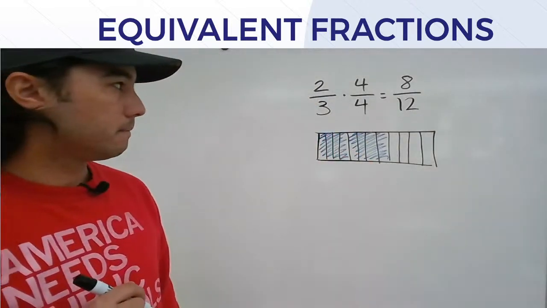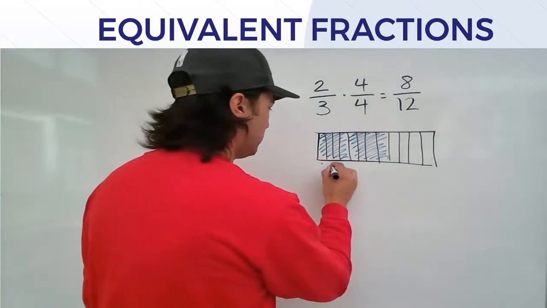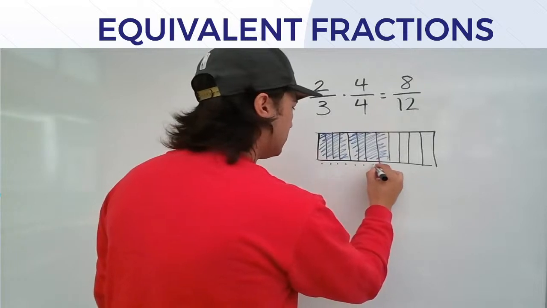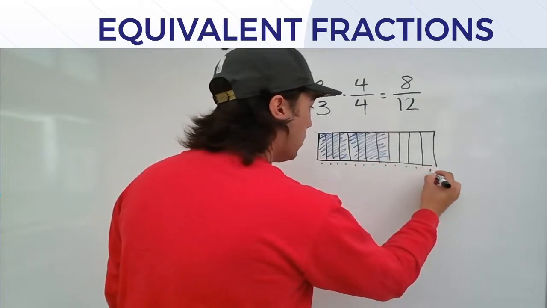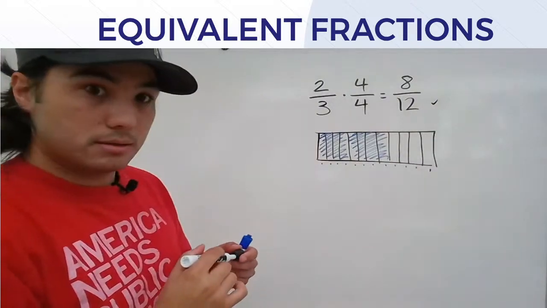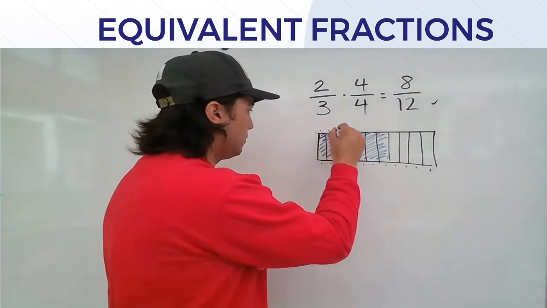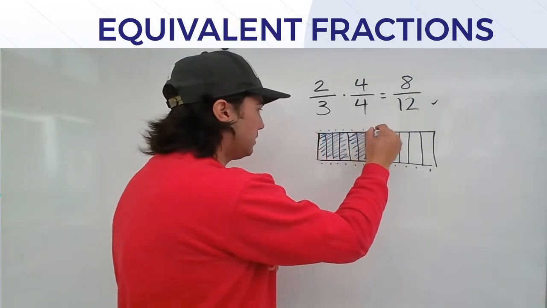Okay, so now let's check it. Make sure our denominator is correct. 1, 2, 3, 4, 5, 6, 7, 8, 9, 10, 11, 12. And are there 8 pieces shaded in? Do we have 8 in our numerator? 1, 2, 3, 4, 5, 6, 7, 8.